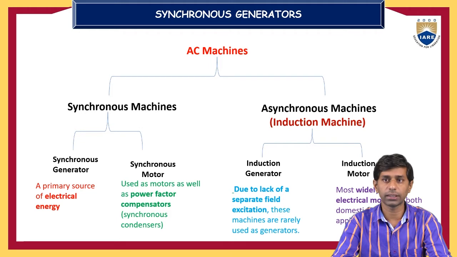And the induction generator, we know already about it. Due to lack of separate field excitation, these machines are rarely used as generators, because an induction generator requires a separate source, called the auxiliary source, for the excitation. And the induction motors are the most widely used electric motors in both domestic as well as industrial applications, because they have several advantages compared to the synchronous motors.